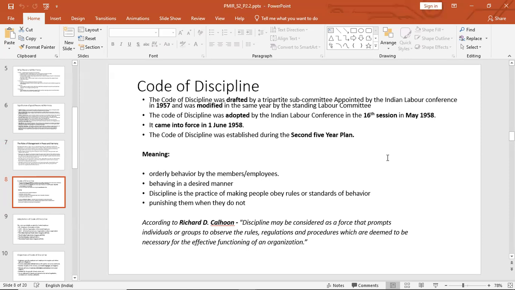Within the Labour Conference, in the 16th session in May 1958, it came into implementation in June. Remember these, because they are very important and most of the times they come in the exam.